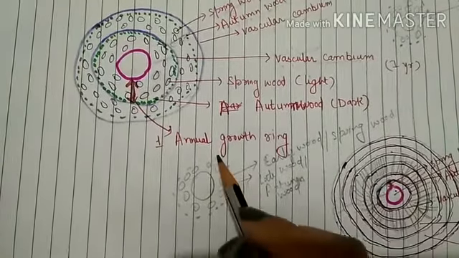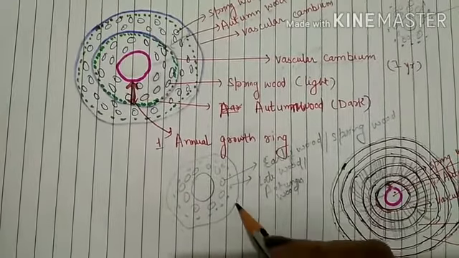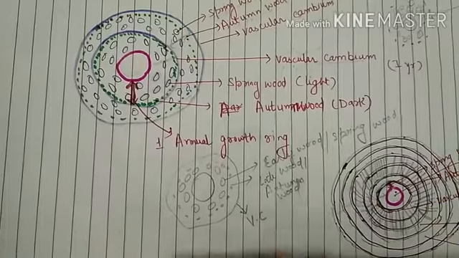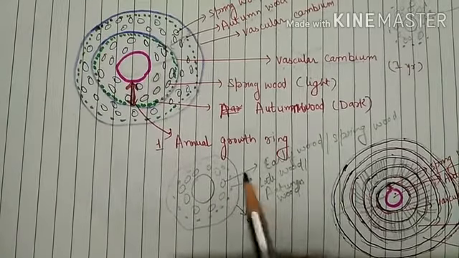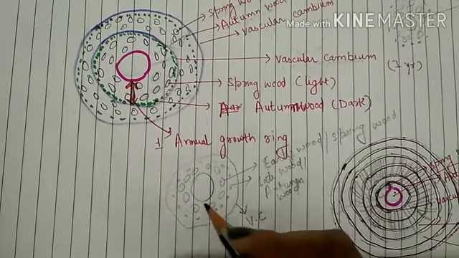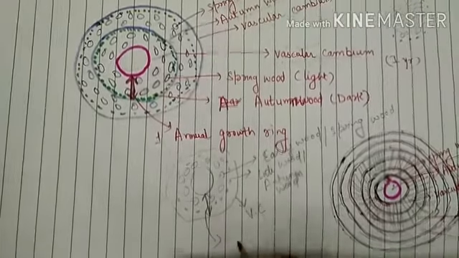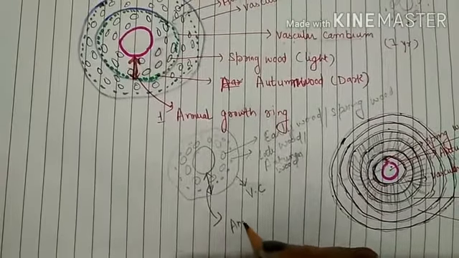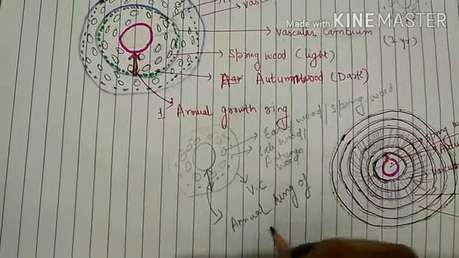Outside it, here is the cambial ring, which is also known as vascular cambium. Again, you need to remember that spring wood and autumn wood together constitute the annual ring. So this is the annual ring of the first year.